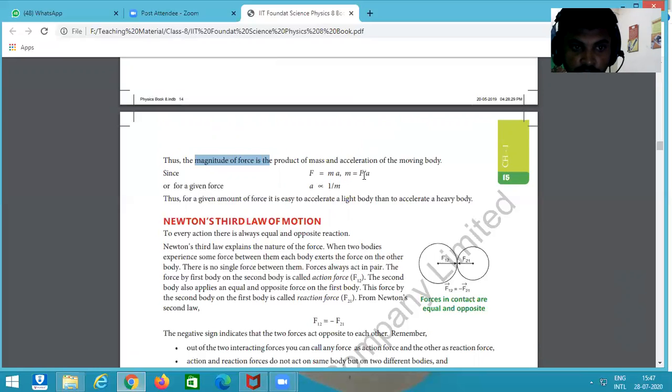So a is directly proportional to 1 upon m. For a given amount of force, it is easy to accelerate a light body compared to a heavy body.